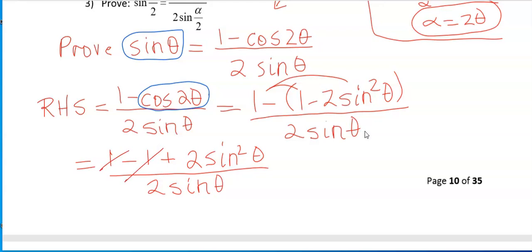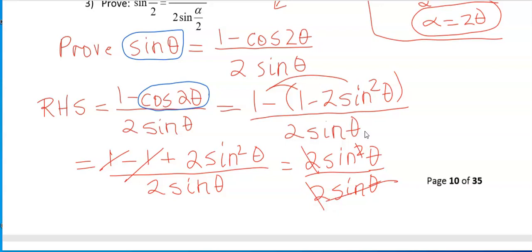Those two things cancel. You're basically left with 2 sine squared theta over 2 sine theta. Everything is factors here. Everything is multiplied together. You can cancel away to your heart's content. The 2's are gone. This sine in the denominator will cancel with one of the sines on the top.